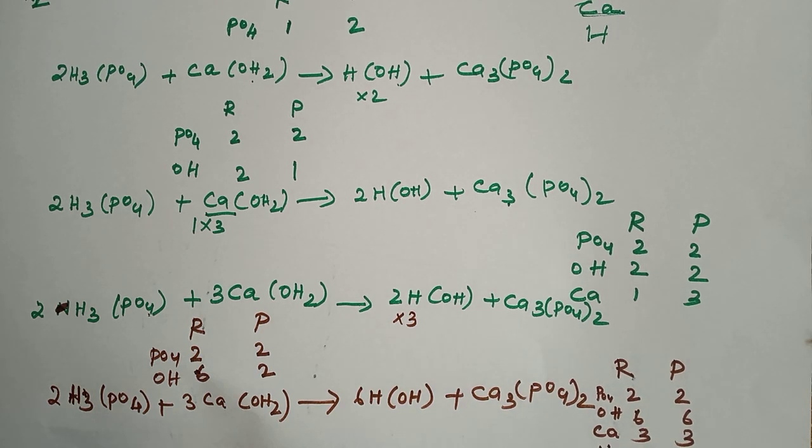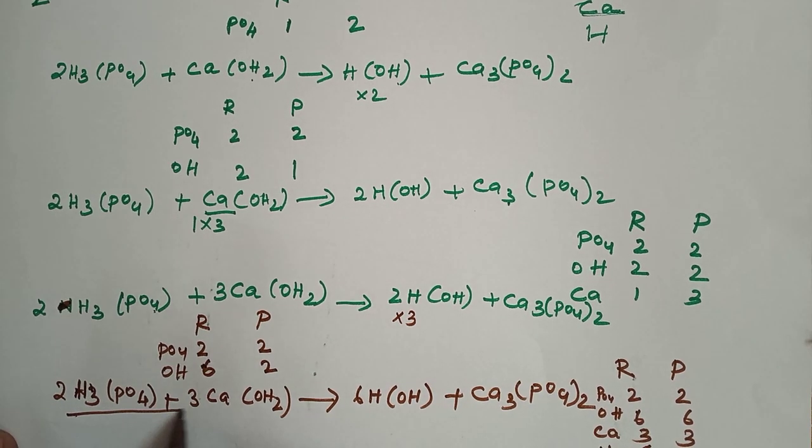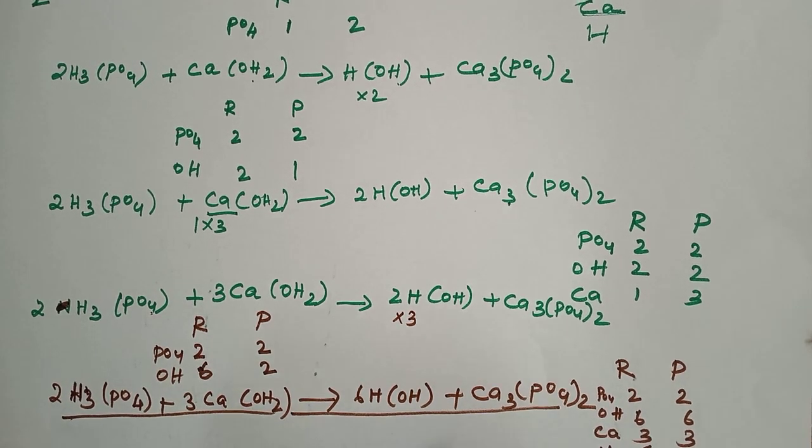How many hydrogen do we have? 6, 6. So the equation is balanced. We got a new balanced equation. Understood, children? Okay, good.